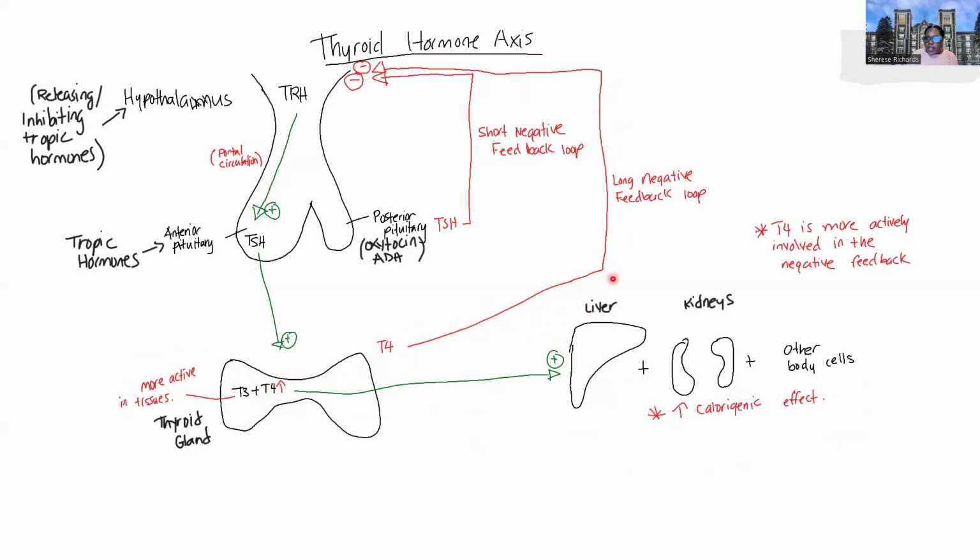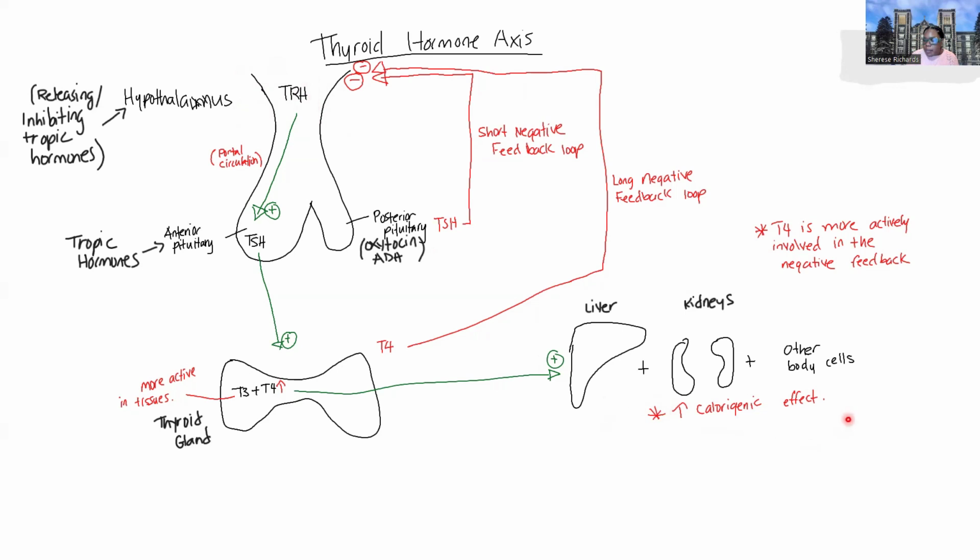So T4 is going to be more active in terms of bringing the levels up and being a negative feedback signal to the hypothalamus to block the production of TRH. So T3 is kind of on the ground doing the job, and T4 is really monitoring the axis and being a signal to decrease the initial hypothalamic trophic hormone, which is TRH.